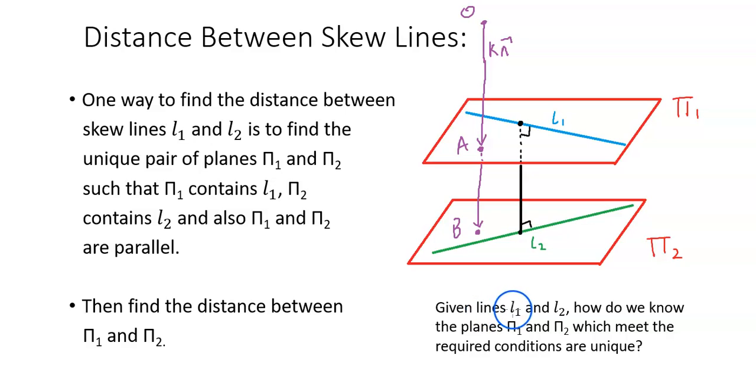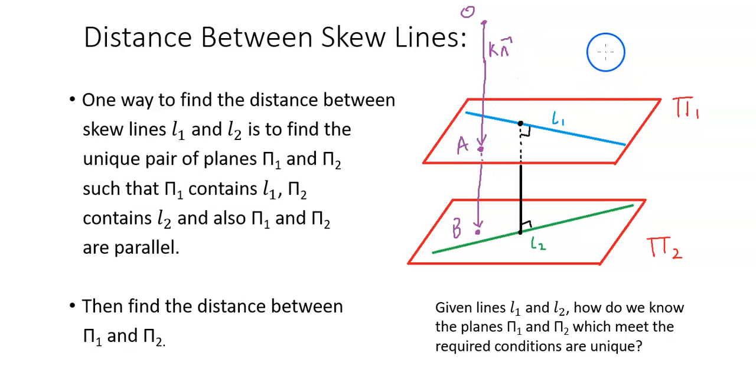By the way, if we are given lines L1 and L2 that are skew, how do we know that the planes pi1 and pi2, which meet these required conditions of being parallel and containing the two lines, are unique? Well, the answer is all about that normal vector.